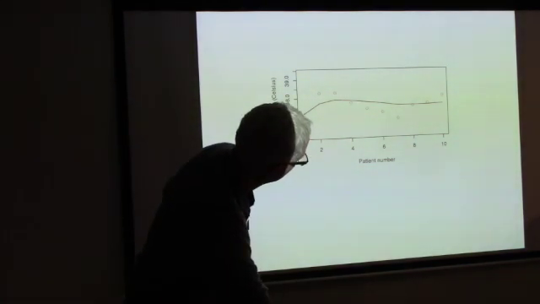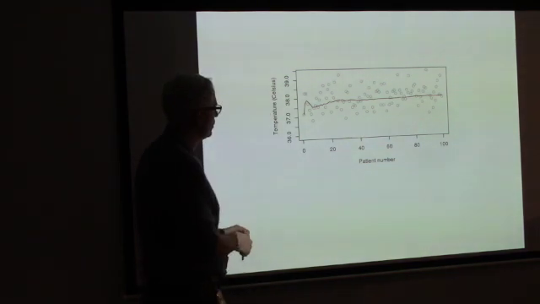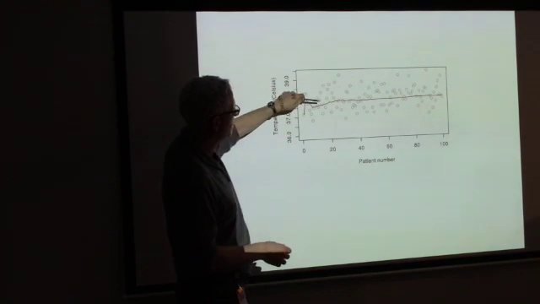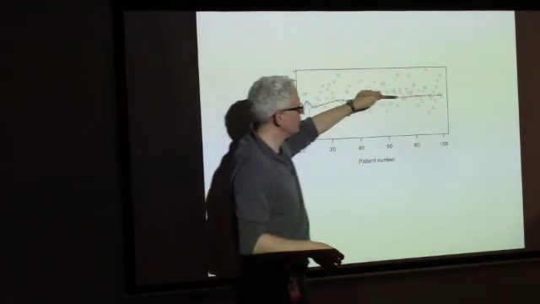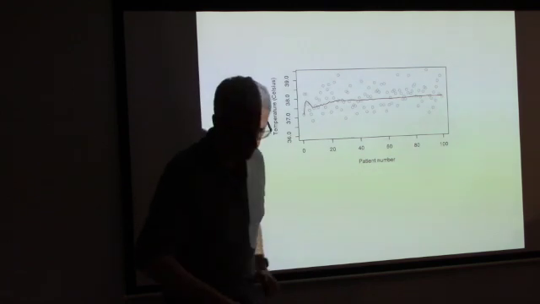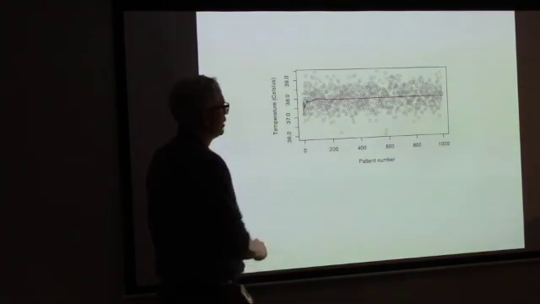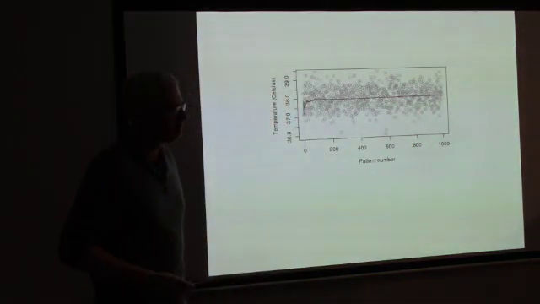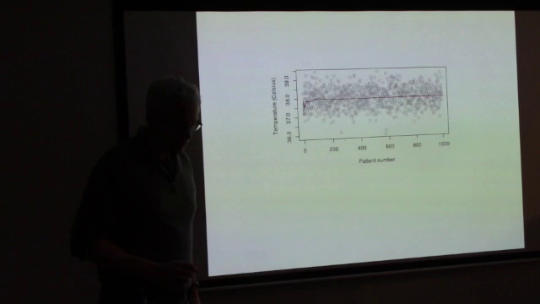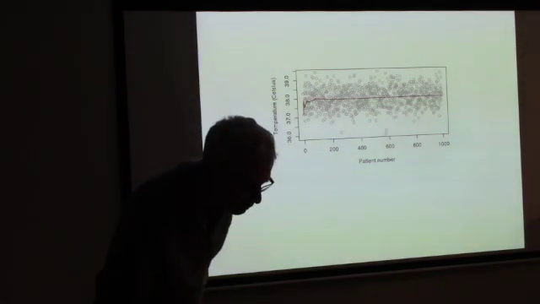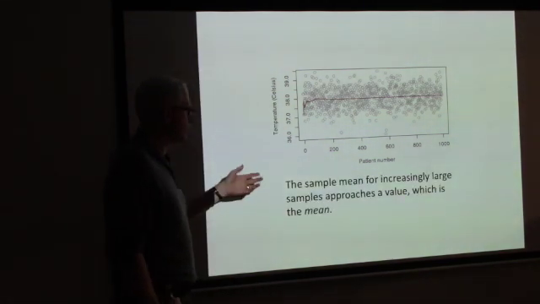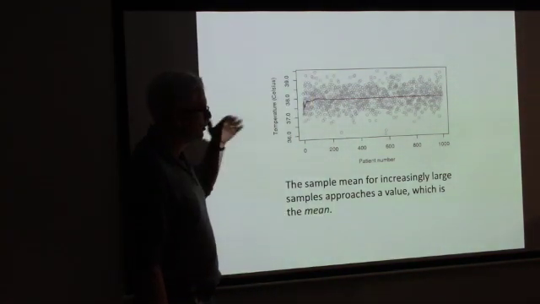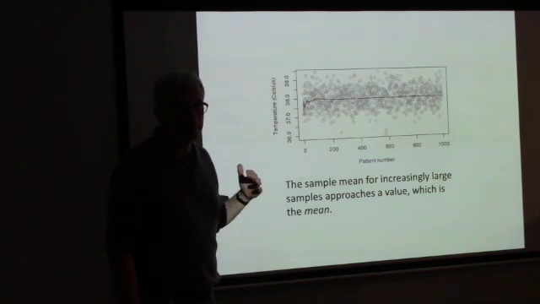And if we go way out, you see that when you have small samples, there's a lot of variability to the sample mean. But as you have bigger and bigger samples, the sample mean becomes steadier and steadier until you go way out, and now you see the sample mean is really quite rock solid there. And so the sample mean for these increasingly large samples approaches a value, and that's the mean.